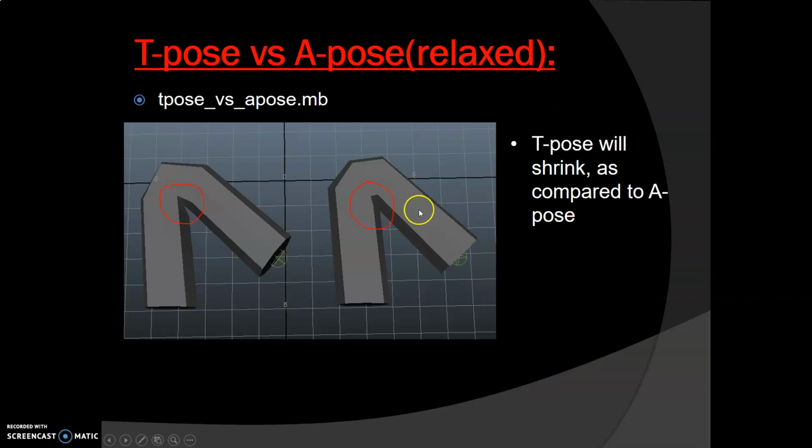This is an example of the T-pose and an A-pose. If you do a T-pose, you can see here it has a very sharp deformation, and this one has a much smoother deformation. That's why people prefer to do an A-pose. But for this first CA, I recommend everybody do a T-pose version because it's the first time you are modeling a character.